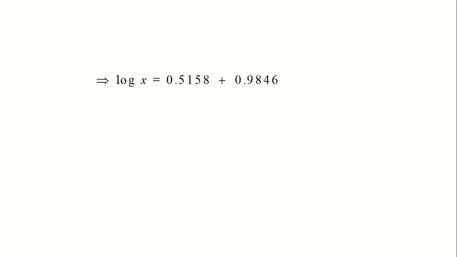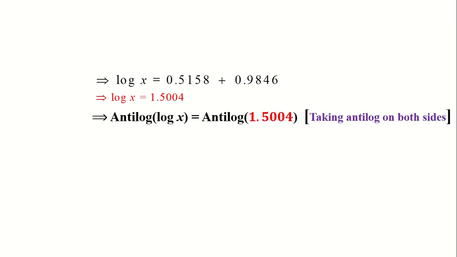Log of x is equal to 0.5158 plus 0.9846, the second last step in the last view. The next step is the addition of two numbers, which brings it log x equal to 1.5004, and taking anti-log on both the sides, we have anti-log of log x equal to anti-log of 1.5004.